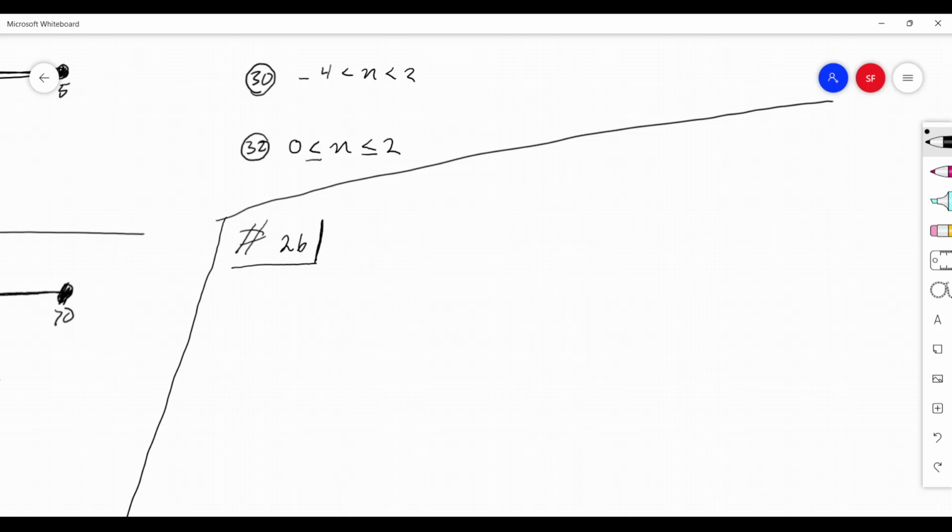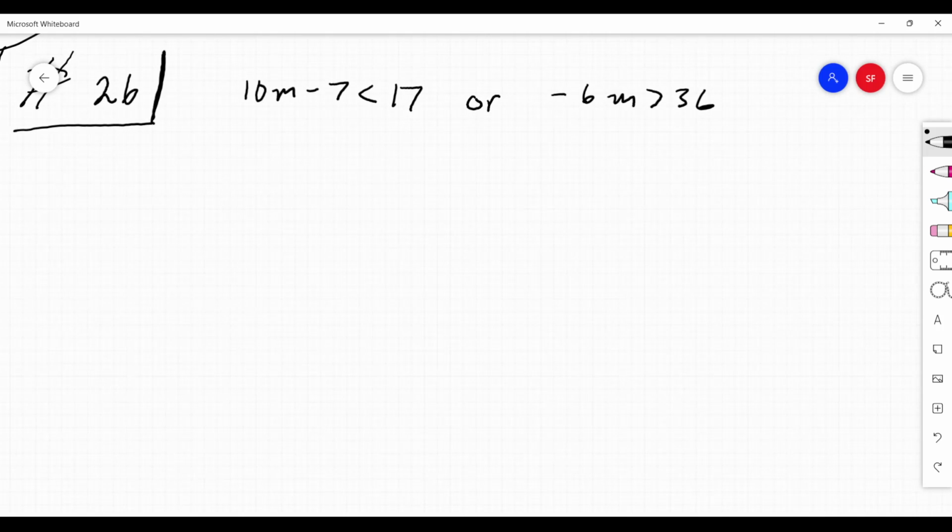Okay, number 26 has 10m minus 7 is less than 17, or -6m is greater than 36. So, what should we do? Solve both sides. Solve each one.